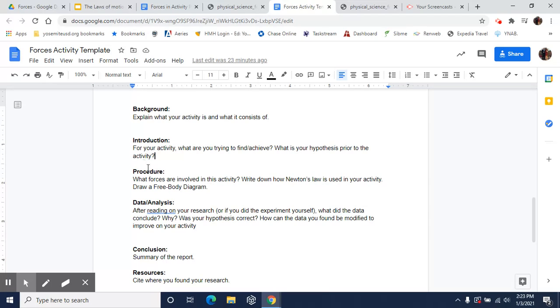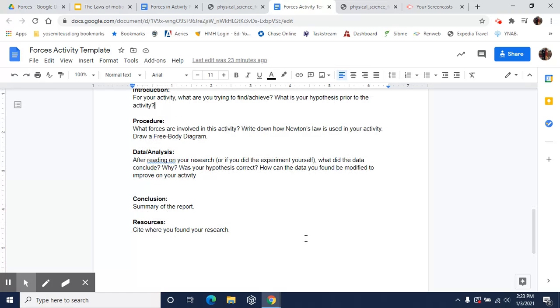Okay, procedure, we're going to go over a little bit more of this throughout the unit, so please pay attention during class, and hopefully we'll have a little bit of practice throughout that. Data is going to be you going online and finding what your data supports. If you could do the experiment yourself, you need to talk to me, but I do still want you to have some form of research as to what data some people online collected.